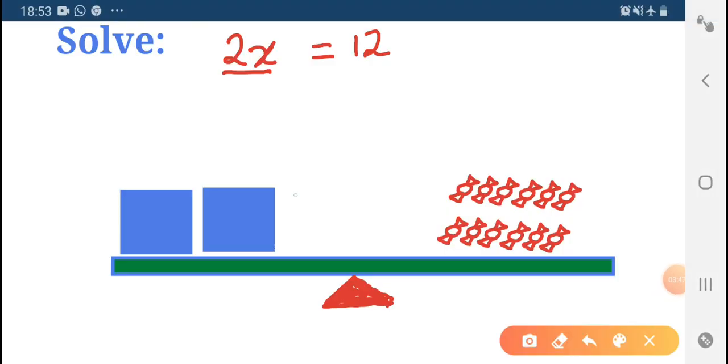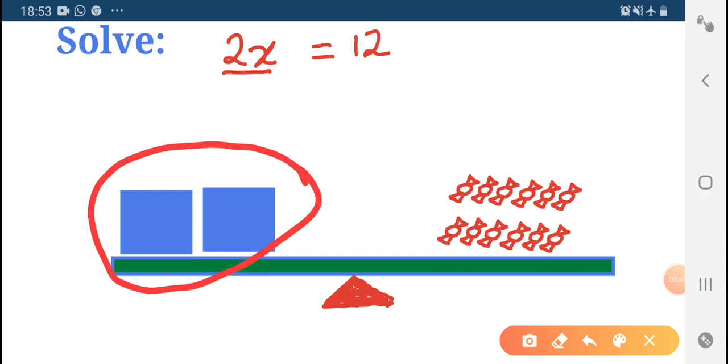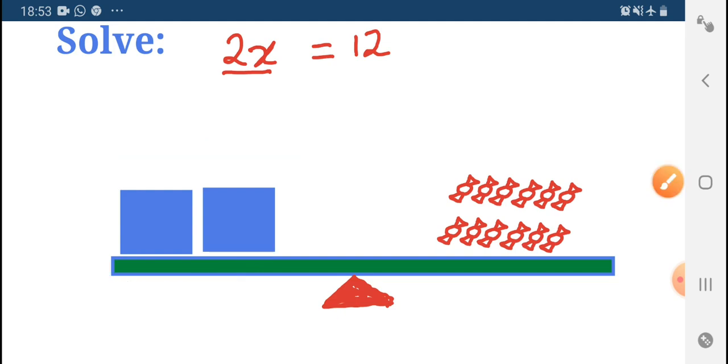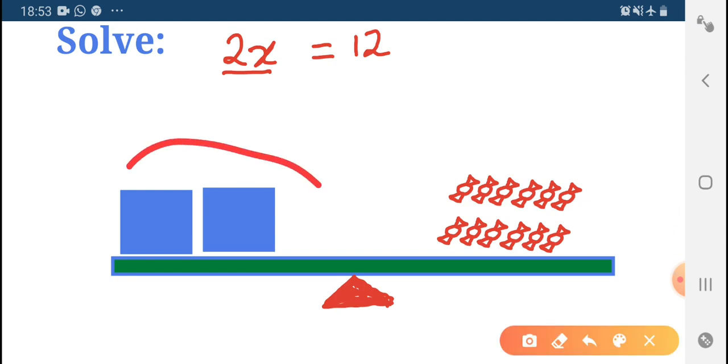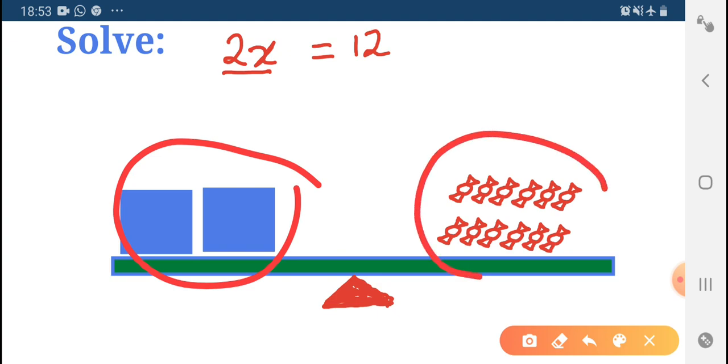Now if on this side I only had 1 box, I could easily tell the number of sweets in that box. So how do I do that? I have to get rid of half of the boxes. So if I get rid of half of what's on this side, then I have to get rid of half of what's on this side.